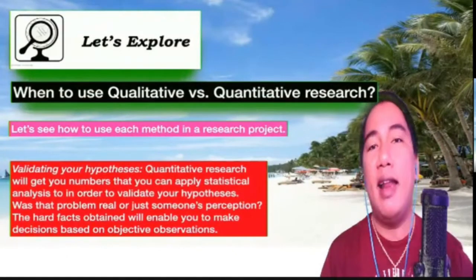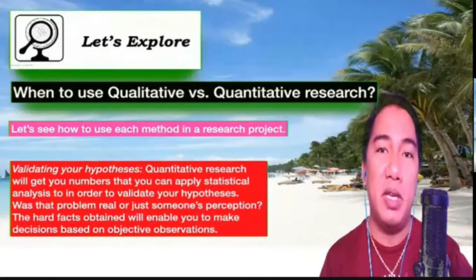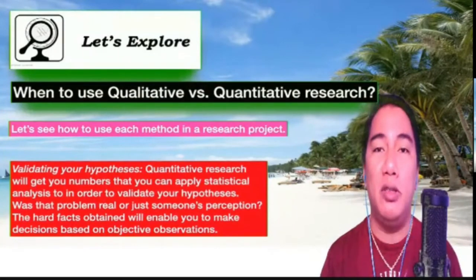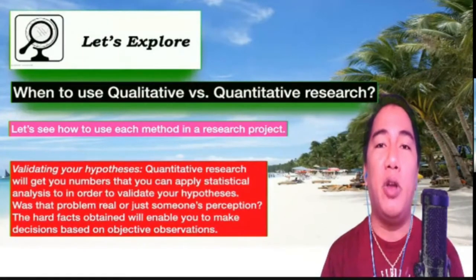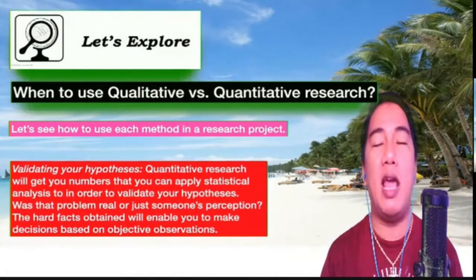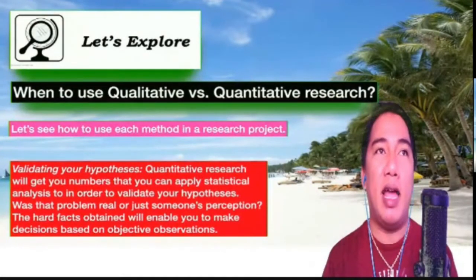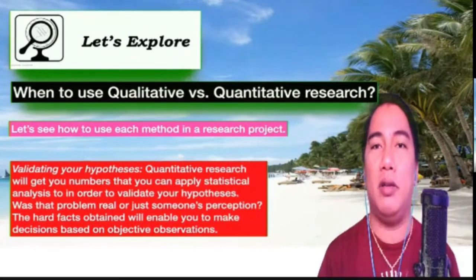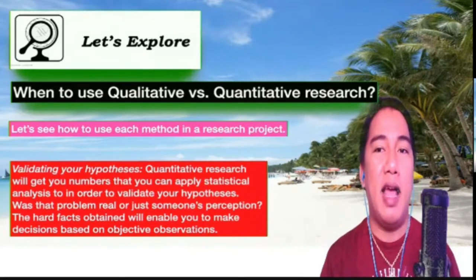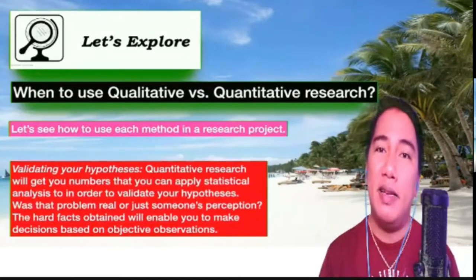Yung nakaraan is mga opinion or mga observation ng ibang tao na inyong nakuha through interview, but now you need to know whether those opinions or interviews can be validated through numbers. Okay? So for example, 7 out of 10 ang nagsasabi na we have good administration. Or for example, sa pandemic na to, 9 out of 10 ang nagsasabi na malalagpasan natin ang pandemic na ito.